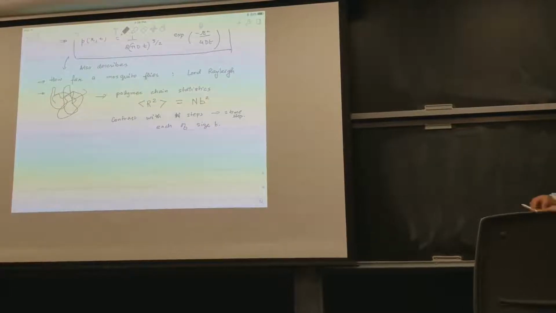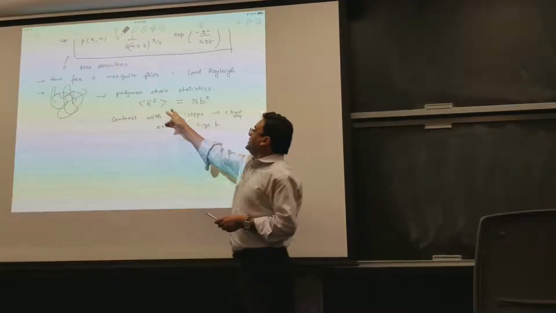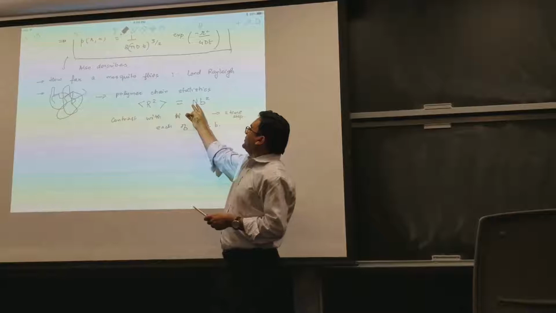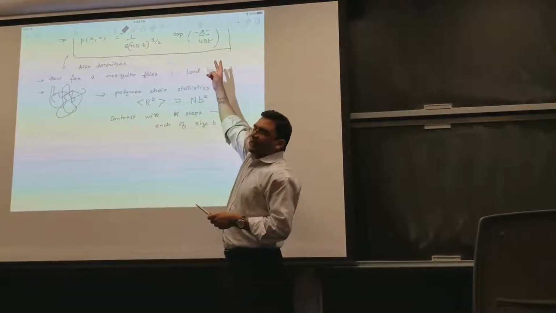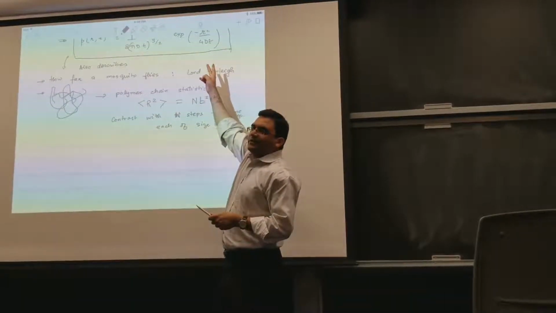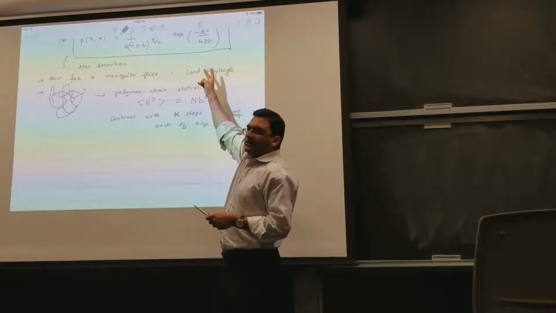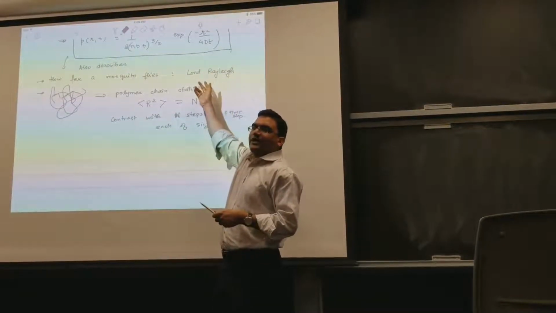So this has the same form in the sense that mean square displacement is proportional to the number of steps. There, the mean square displacement that you have from diffusion is proportional to time.